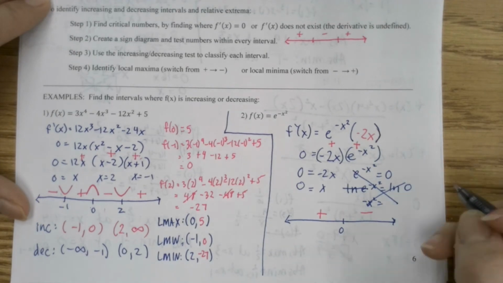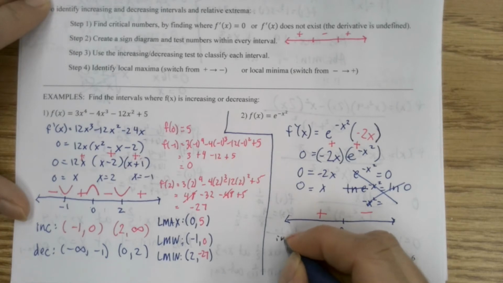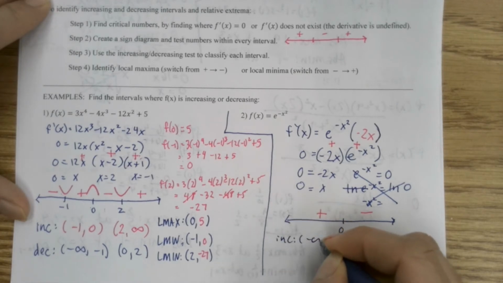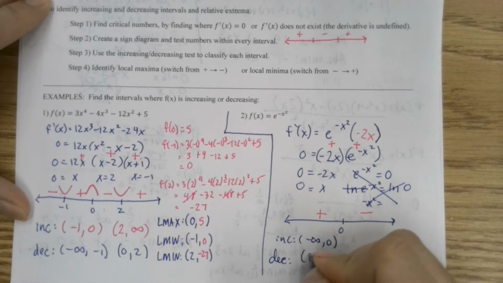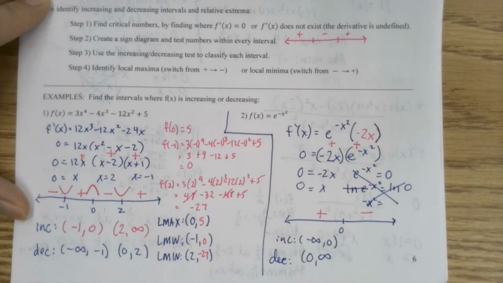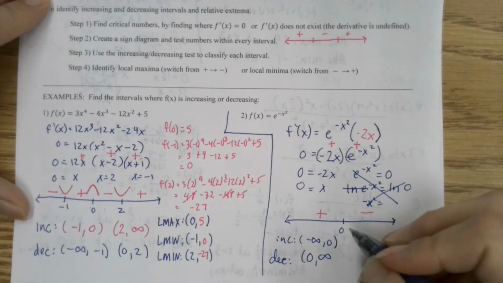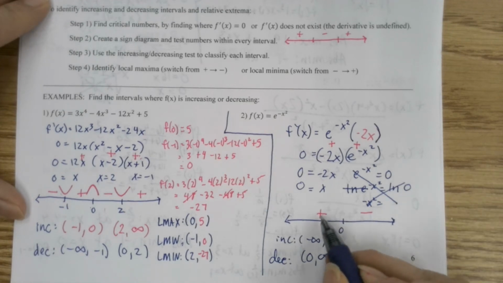Okay, so we've got an interval where this is increasing from negative infinity to 0. We have an interval where this is decreasing from 0 to infinity out here. That's your increasing, decreasing test. And then we're looking for local mins and local maxes. So you look for sign changes.